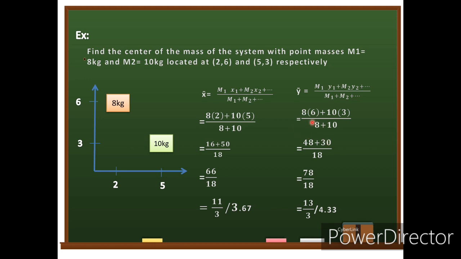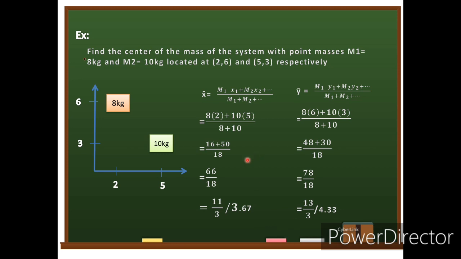So 8 times 6 is 48, 10 times 3 is 30, over 8 plus 10, 18. So 48 plus 30 is 78, over 18, the same as 13 over 3, which is 4.33 in decimal form.